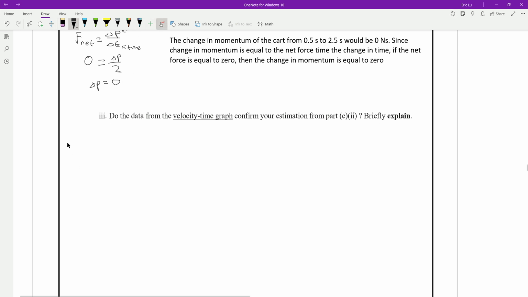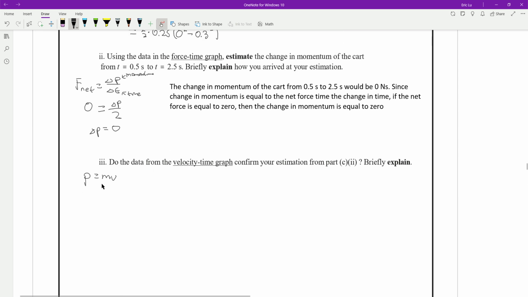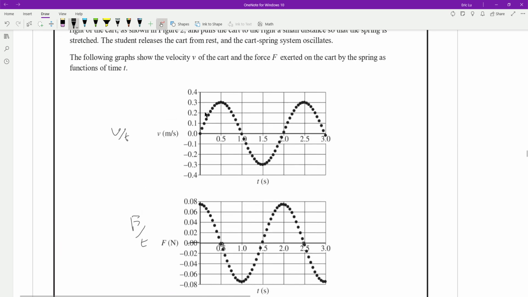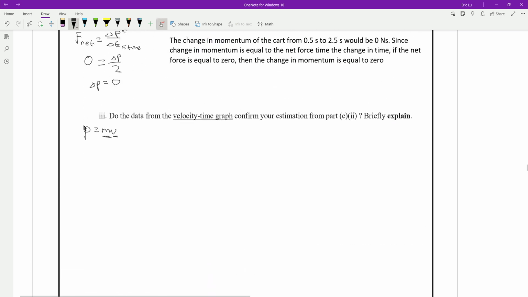Well, we know that the momentum equals mass times velocity, and since mass is constant, velocity on the velocity time graph should be constant. Let's see, from 0.5 seconds to 2.5 seconds. Yep, they are both at 0.3 meters per second. So the momentum would be constant.